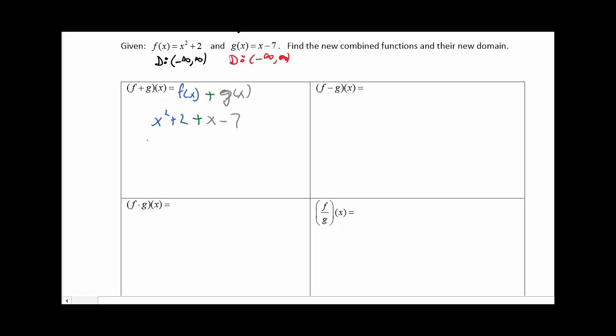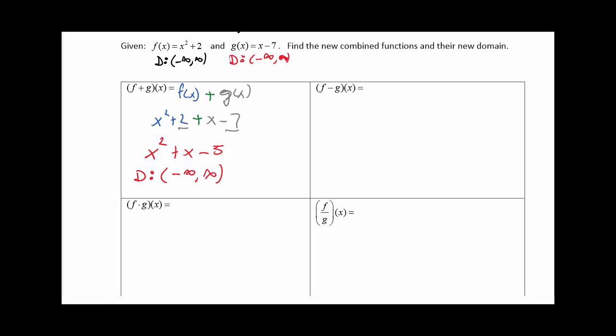And I can see that there are some like terms with the 2 and the minus 7 that I can combine. And so our result then is x squared plus x minus 5. And the domain, so f didn't have any restrictions, g doesn't have any, and looking at the combination, it's also a polynomial, so there's no real restrictions on it. So we end up with negative infinity to infinity for that domain.